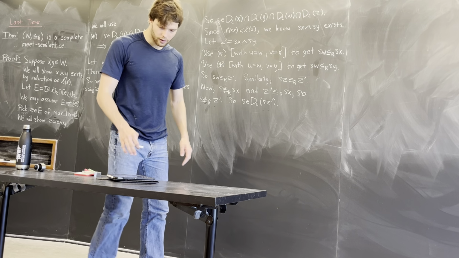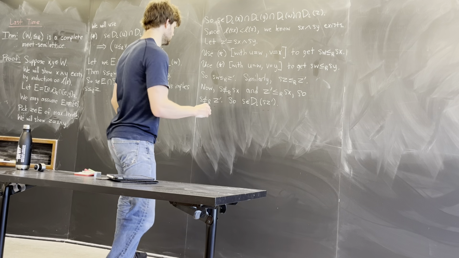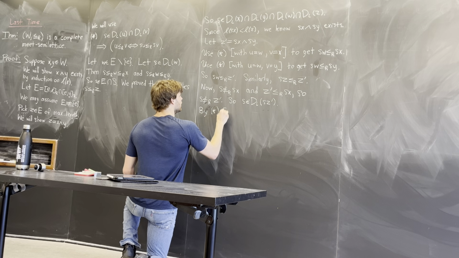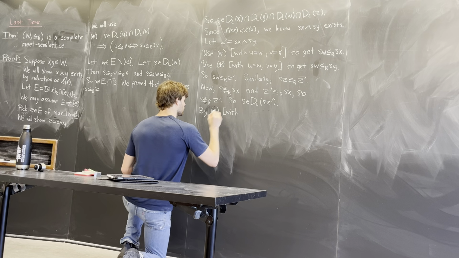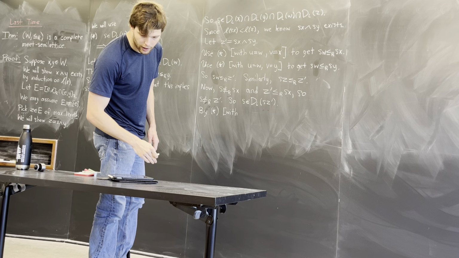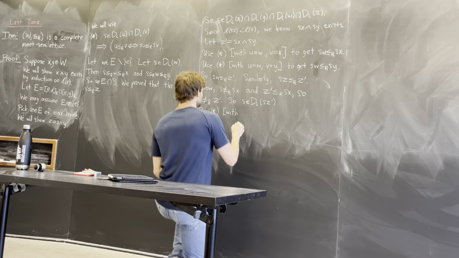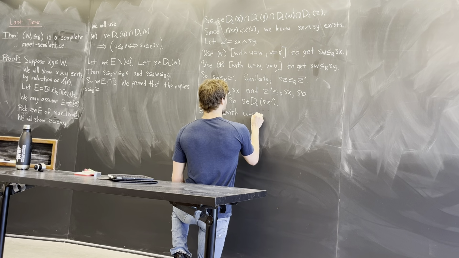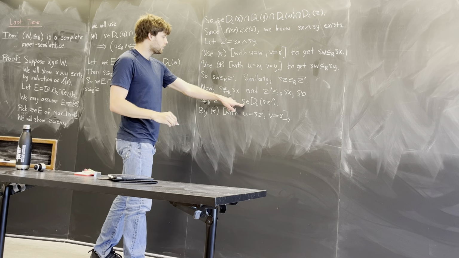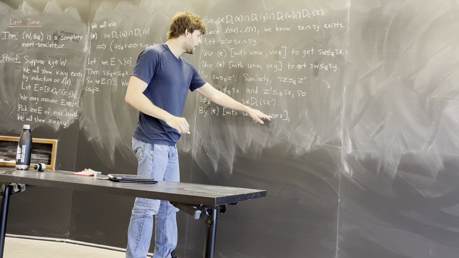Okay, we're almost done. I'm going to use star again. So by star, this time with, what do I want to use? U is going to be SZ prime and V is X. So what does this give us? Well, S is a left descent of SZ prime and it's a left descent of X, so we are allowed to use star.